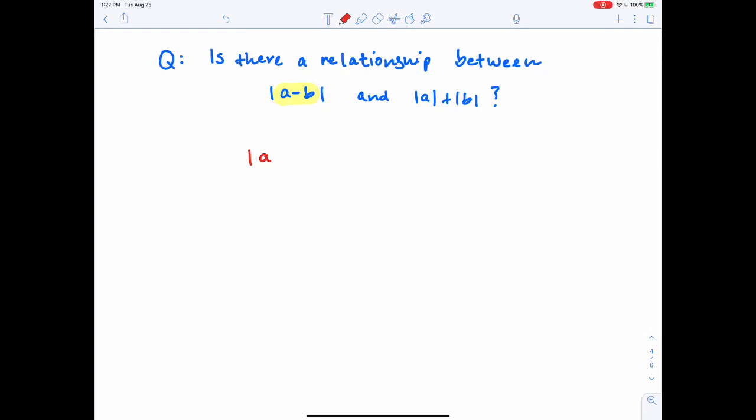So in particular, it has to be true for A and for negative B. So I could think of this as A plus negative B. Now it looks more like the triangle inequality, and since we know how that works when there's addition on the inside, we can split it apart, including that negative sign there. And remember, absolute value of negatives, it doesn't matter. We can get rid of the absolute value.